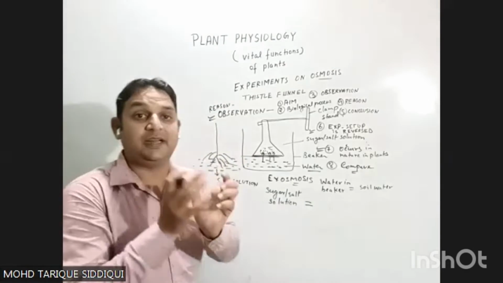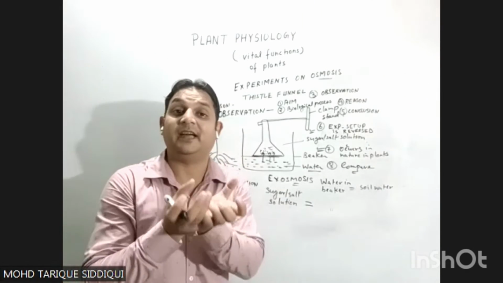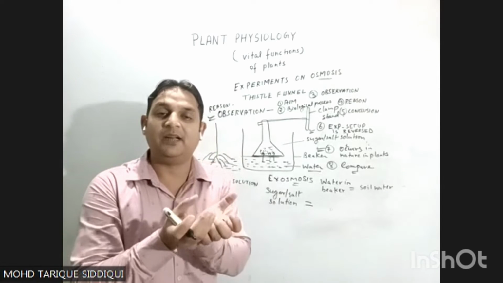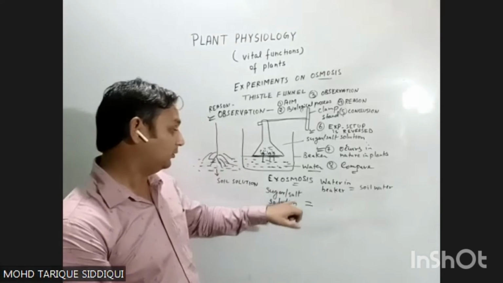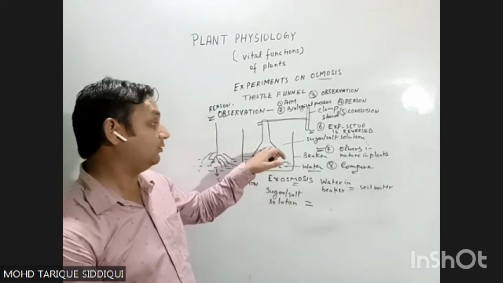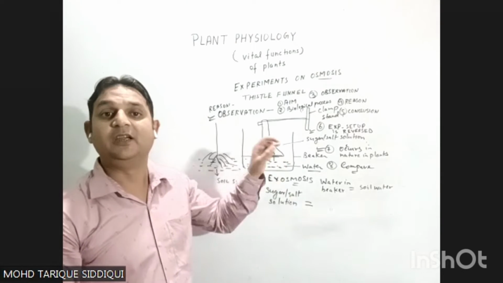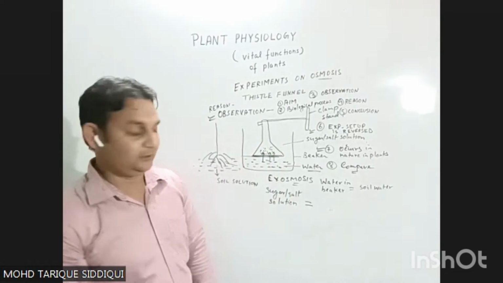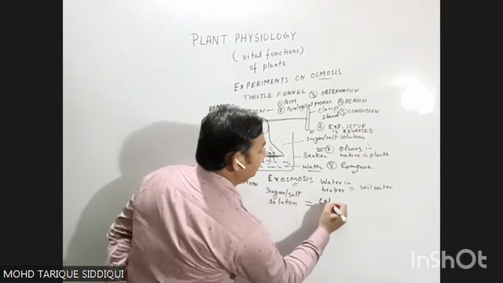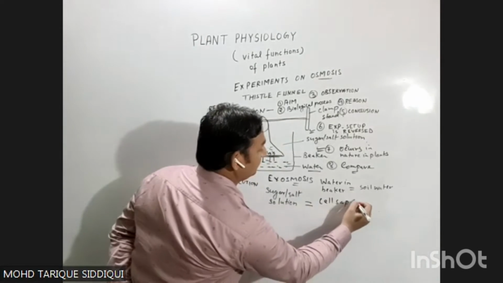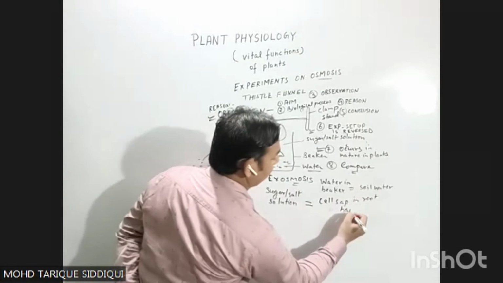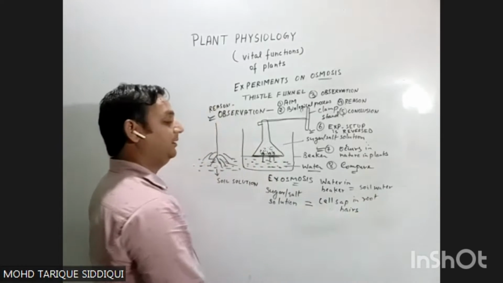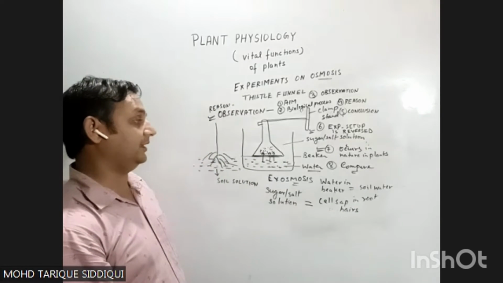So the sugar or salt solution in the thistle funnel will be equal to the cell sap in the root hair.